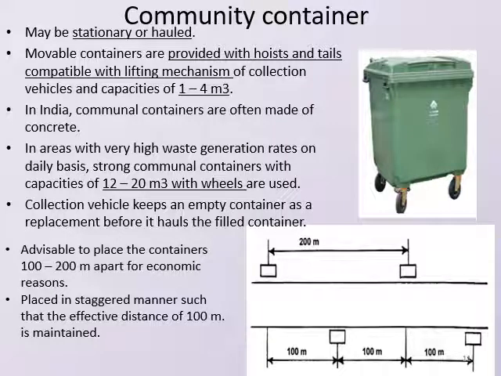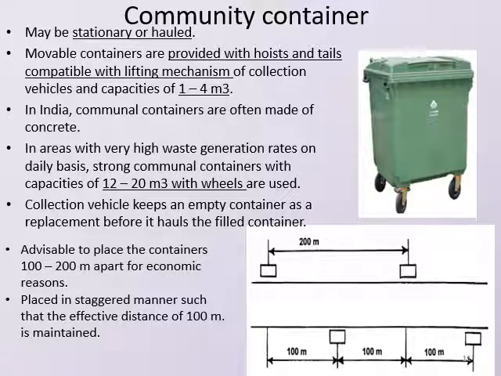At community level, generally we see this type of plastic community container, or some GI sheet or iron metal container, which is actually larger than the diagram given here at the top of the slide.